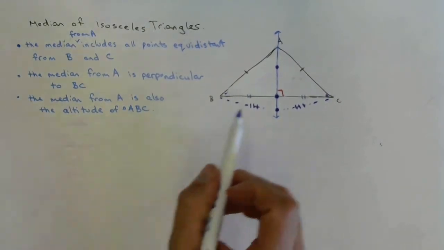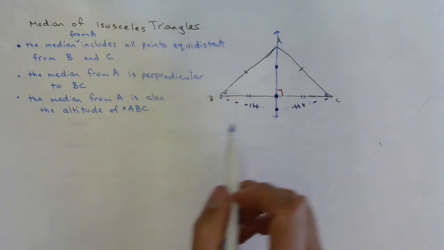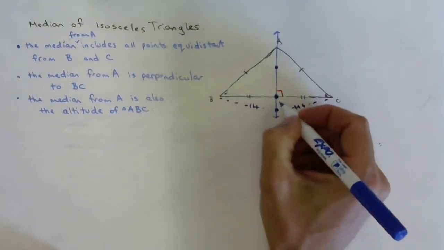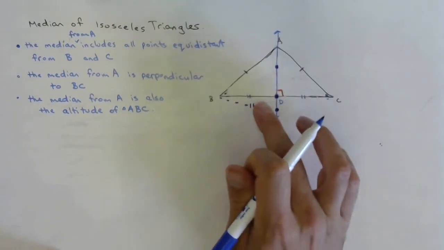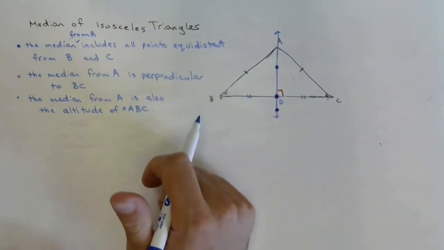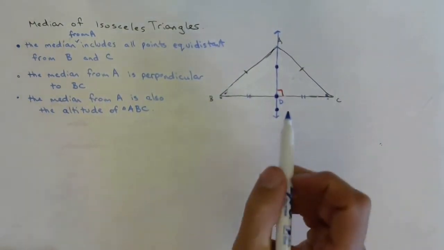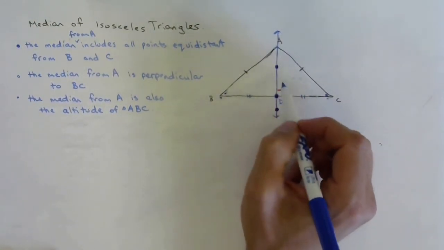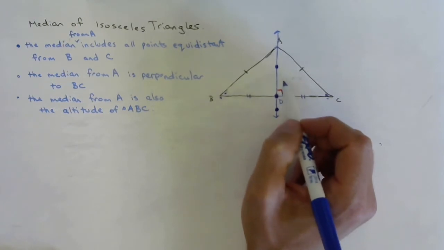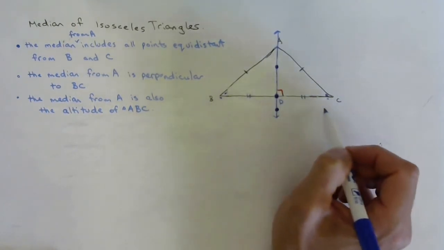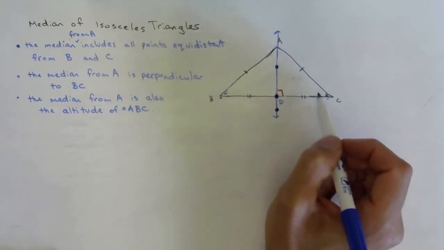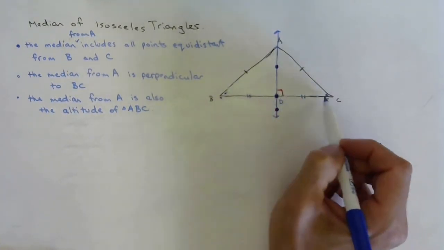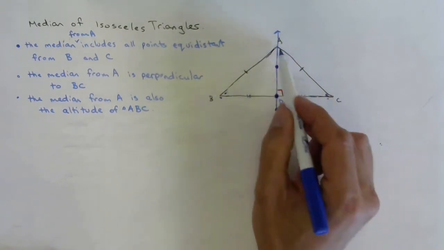Triangle ABD and ACD. This point is called D, and I'll erase these guys for a second. They have a side in common. They have the side AD in common, and they have other corresponding sides as well. I should say that these two smaller triangles are congruent, okay?